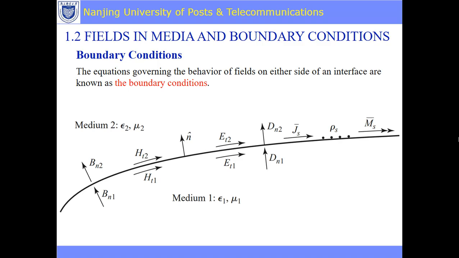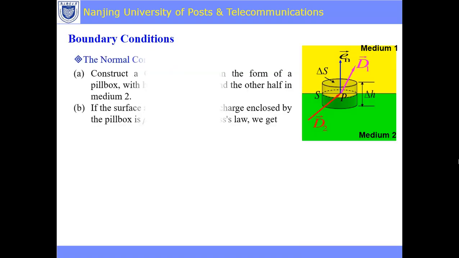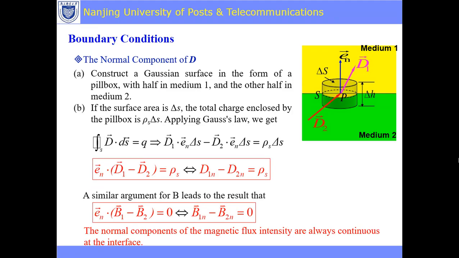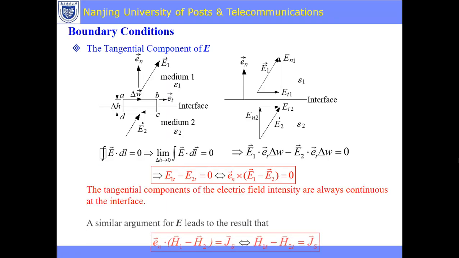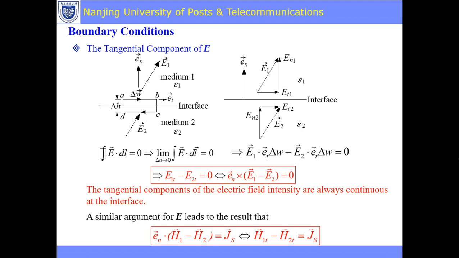So here we say the tangential components of the electric field intensity are always continuous at the interface. We just saw that. Meaning what? If they are continuous, then what?